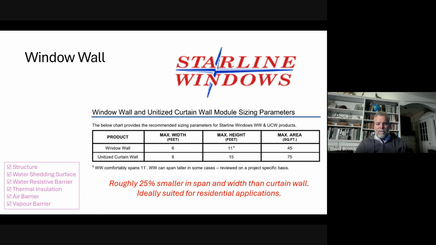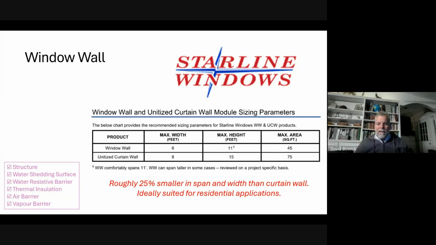This gives you a sense of a summary for window wall and unitized curtain wall. With window wall, your maximum width is 6 feet; curtain wall, it's 8 feet. Window wall, your maximum height is 11 feet; curtain wall, 15 feet. Window wall maximum area is 45 square feet, and curtain wall is 75 square feet.